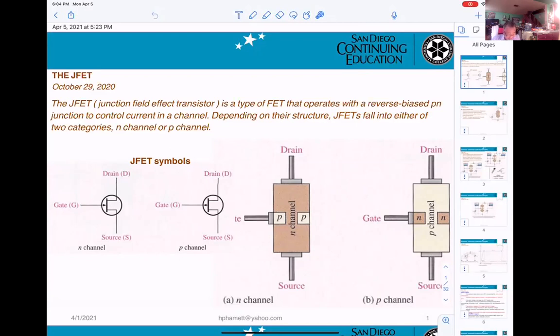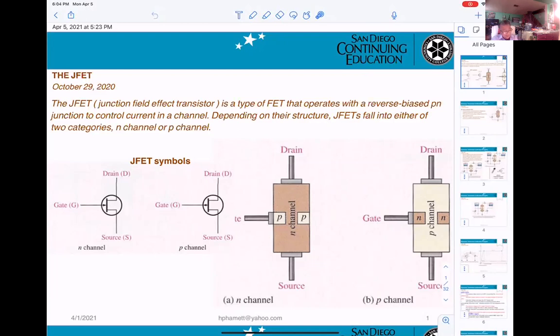The JFET, that stands for junction field effect transistor, is a type of FET that operates with a reverse bias PN junction to control current in the channel. Depending on their structure, they fall into either of two categories, N channel or P channel.